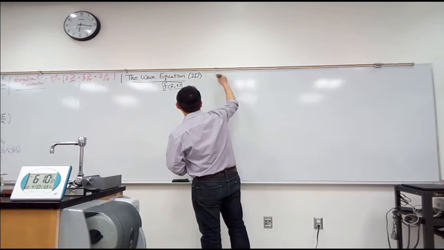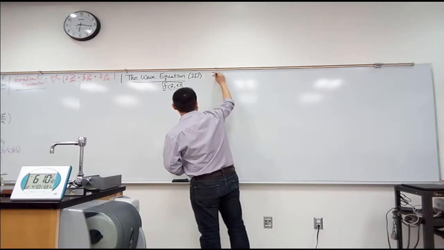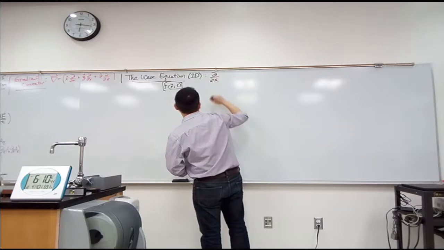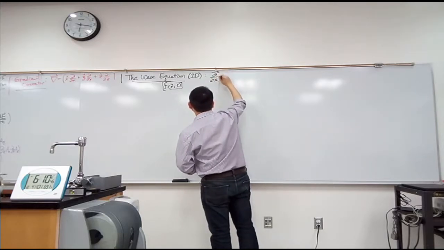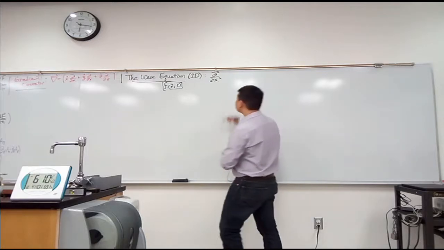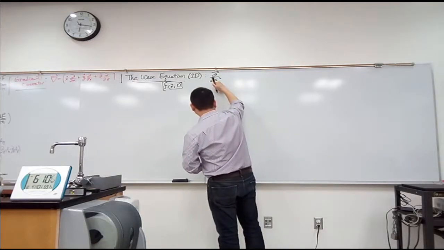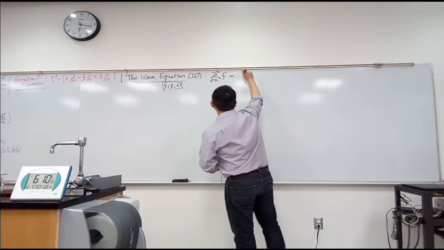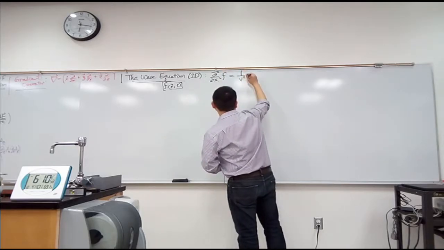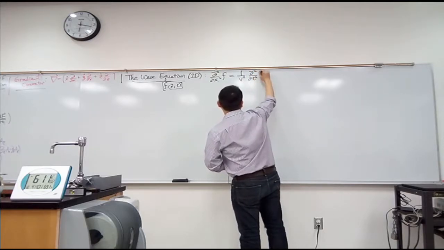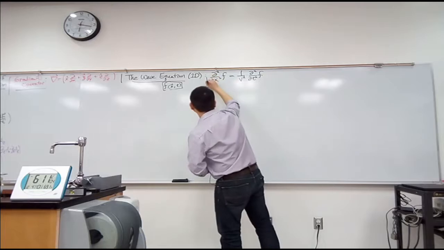The version for 1D is the double spatial derivative with respect to one direction, let's say x. That's the direction of propagation, the direction the wave is moving. The double spatial derivative of the function is equal to 1 over v squared times the double time derivative of the same function. This is the wave equation.